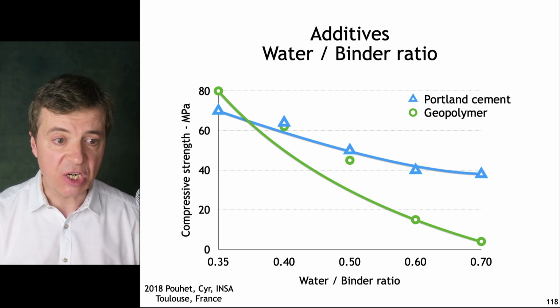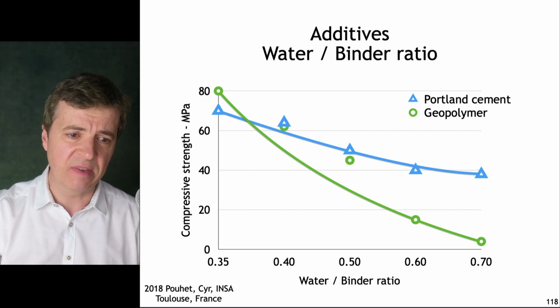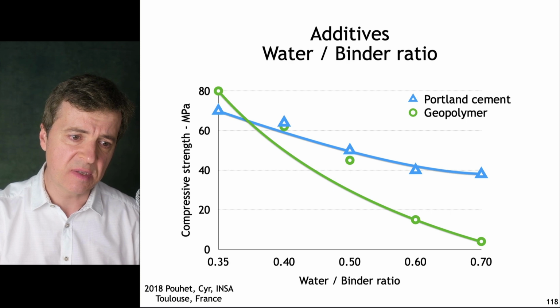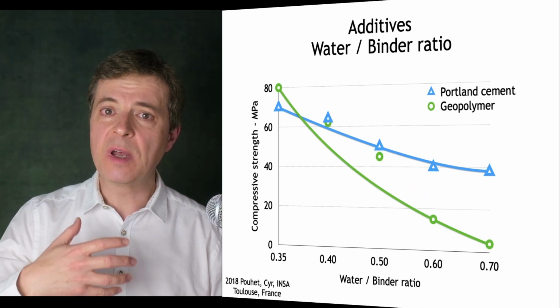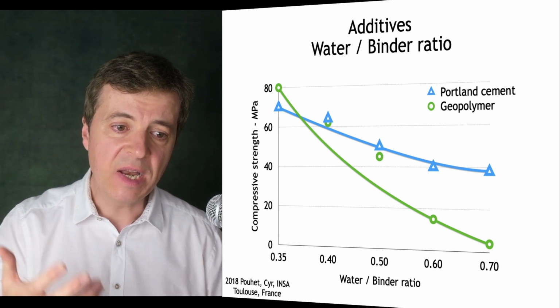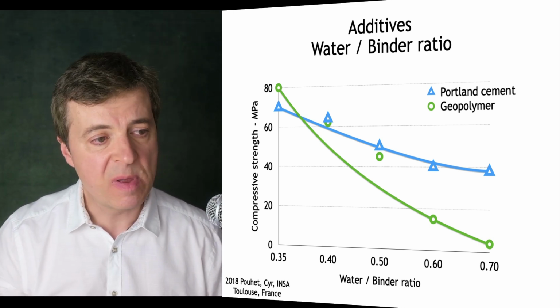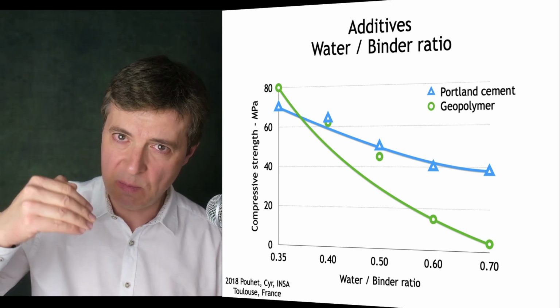It is not NASH, sodium aluminosilicate hydrate, or KASH, potassium aluminosilicate hydrate, as some scientists keep calling it. Because water dilutes the chemicals. Adding more water in a geopolymer binder results in a sharp drop in performance.